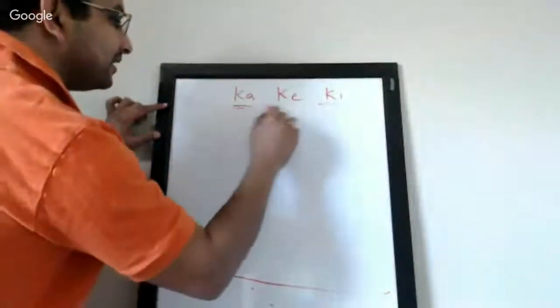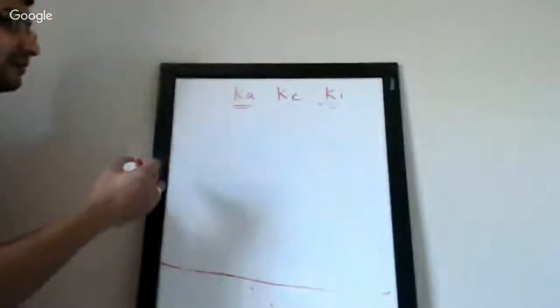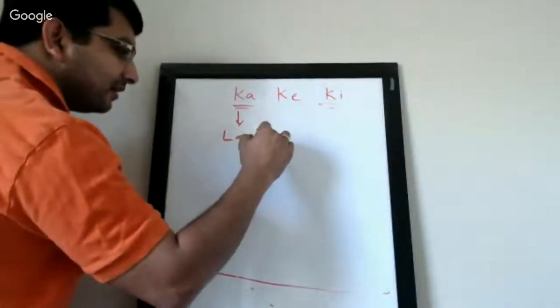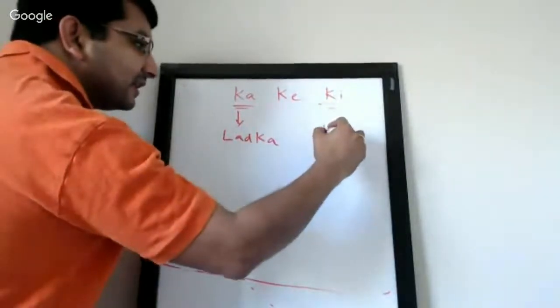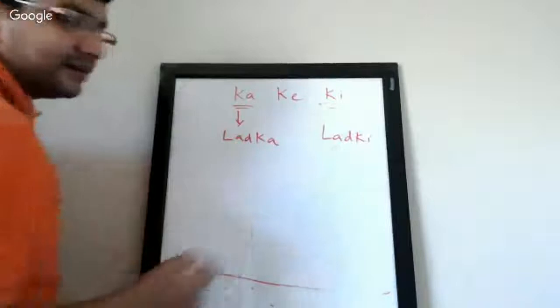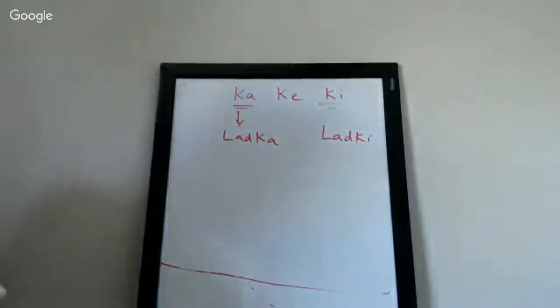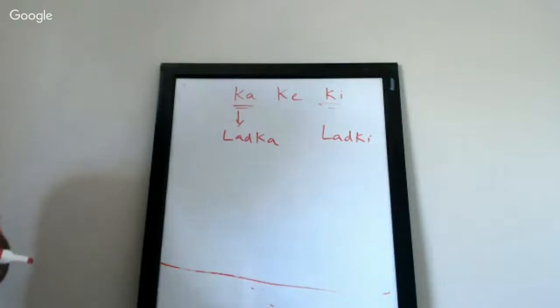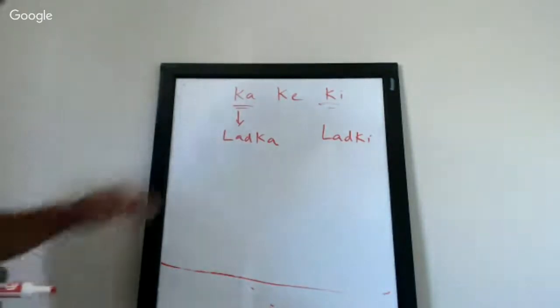I don't know anything about the movie, but it probably refers to Ka as ladka and Ki as ladki. So it's like a boy and girl, probably the roles and responsibilities of a boy and girl. That's what I'm inferring from the name of the movie.